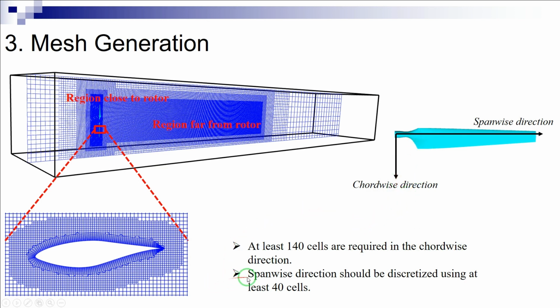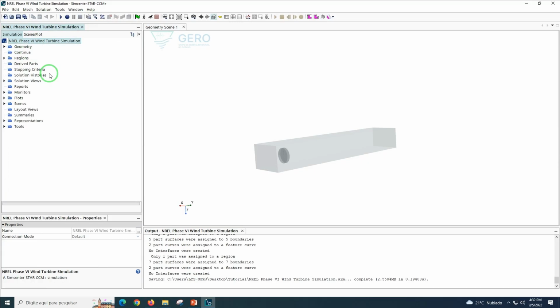Further, the span-wise direction should be discretized using at least 40 cells. Additionally, for the region far from the rotor surface, the trim cell measure is used. This measure generates a grid constructed mainly from hexahedral cells with trim cells next to the blade surface to accommodate the geometry. Let's now create the mesh.